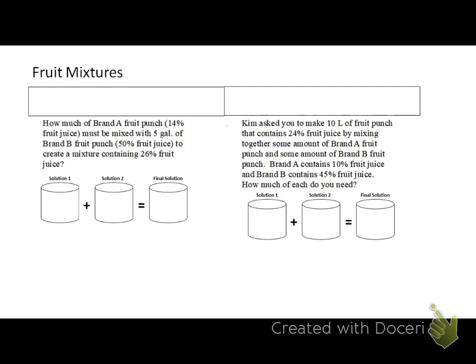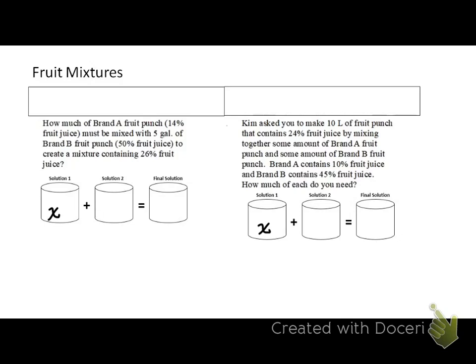How much of brand A of fruit punch? So let's look at what it's given us. What's the first thing I can always plug in? X. X will always be there. I don't even care about the second one, but I'm just going to throw it in there already.